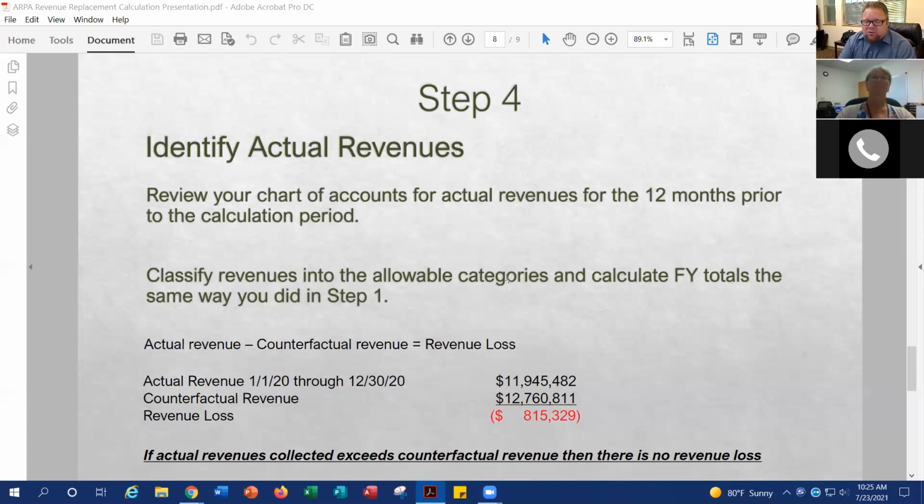As she said, it grows all the time as they get more questions and provide more answers. I think it's about the third subsection. You'll see all the FAQs specifically on this lost revenue calculation. That's really good information to have.